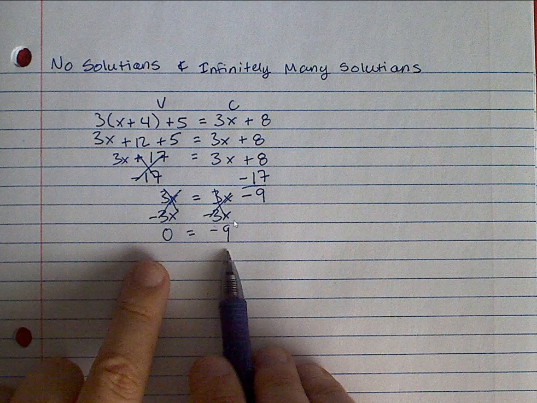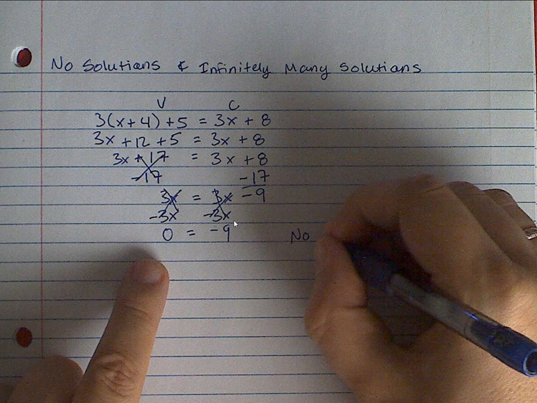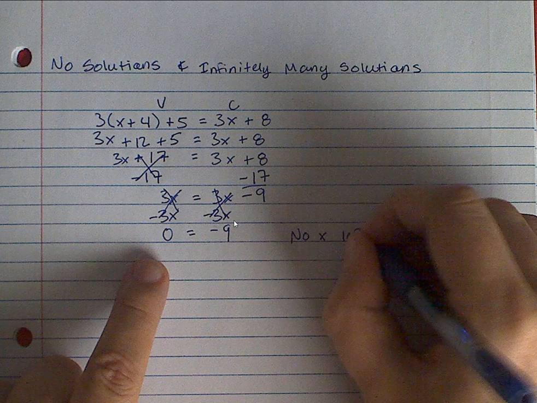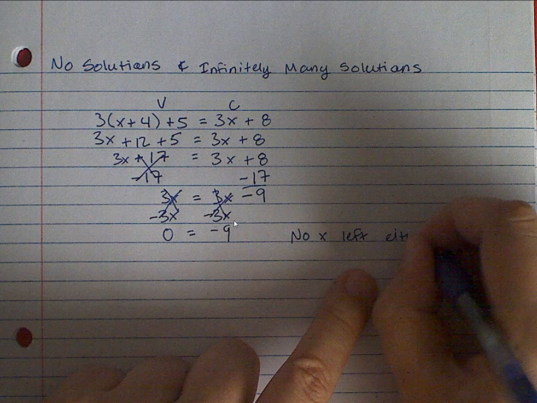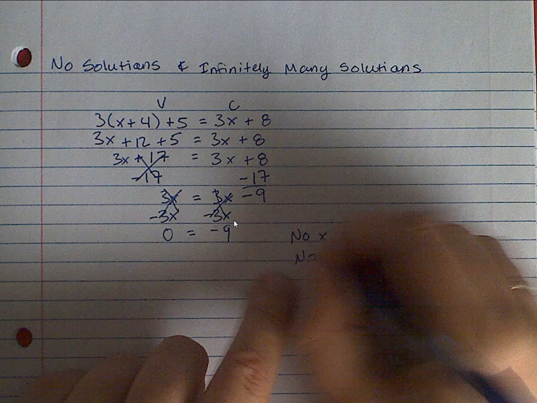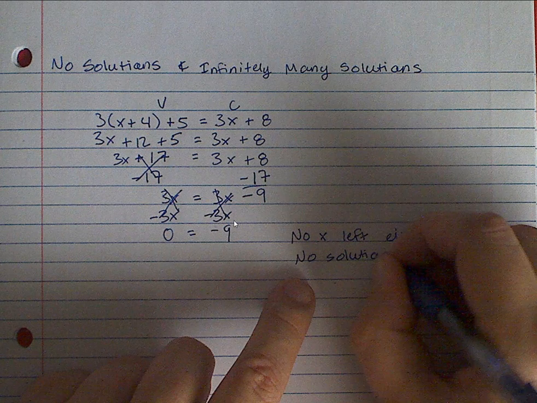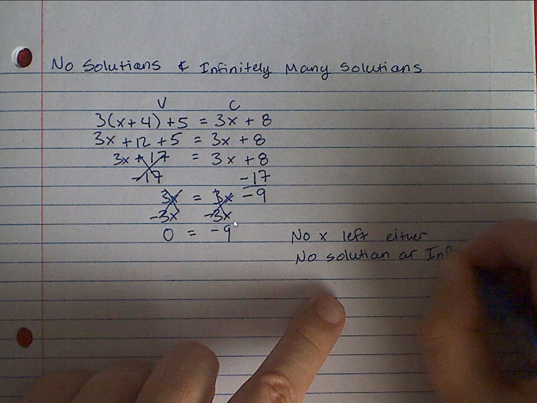So here's part for your notes. If there's no more x, so no x or y or whatever variable left, you're going to have either no solutions or infinitely many solutions.